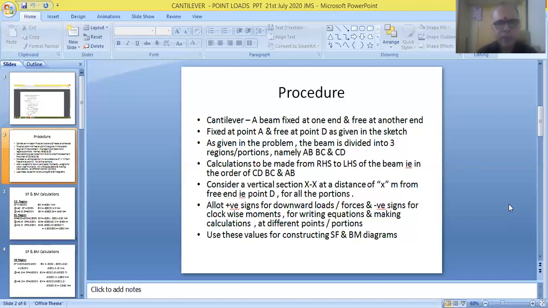And friends, as given in the problem, the beam is divided into three regions or three portions, namely AB, BC, and CD.